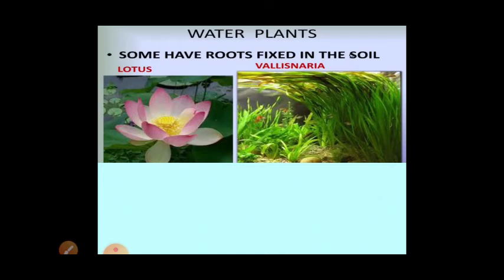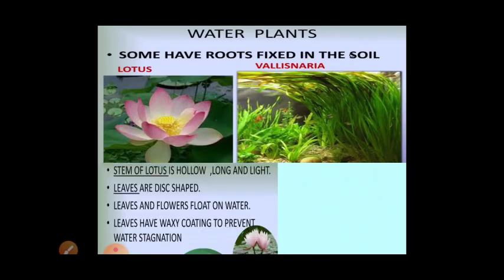Then Vallisneria. Okay, in all these plants we can observe some adaptations. In lotus, the stem is hollow and lightweight, so it can float on the water.